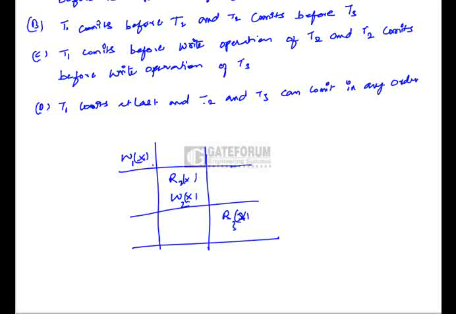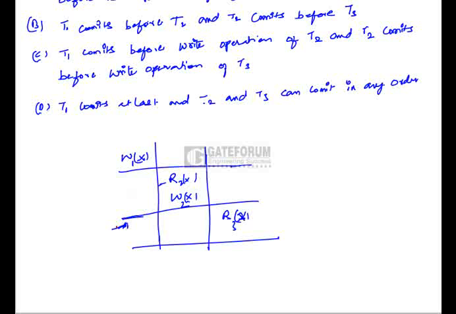For the schedule to be cascadeless, the commit operation of transaction T1 must be before the read operation of T2. Why? Because if it doesn't commit here, there might be a chance of abort here.